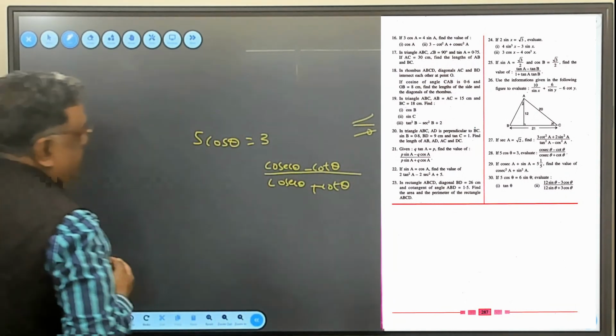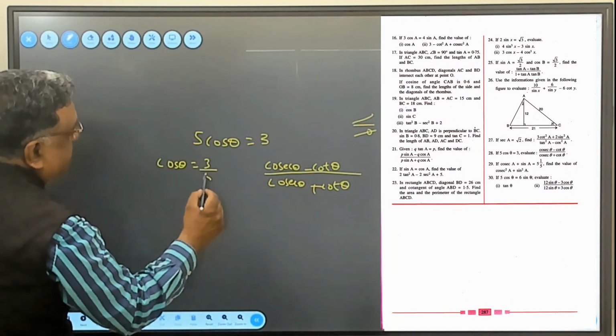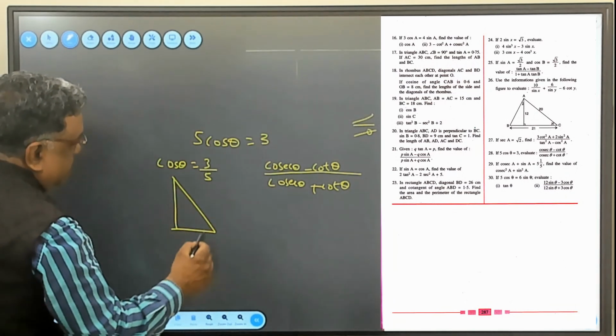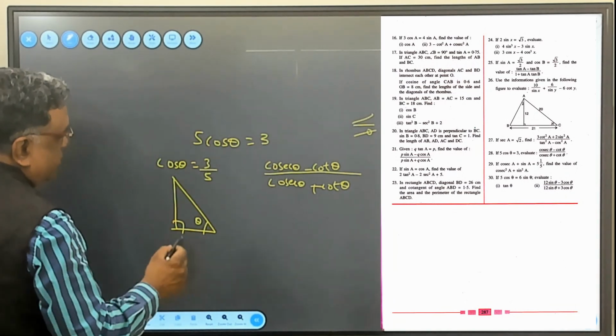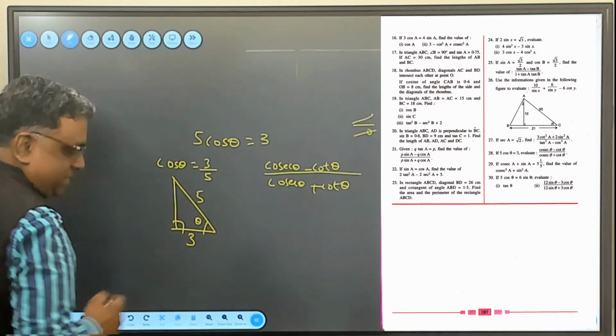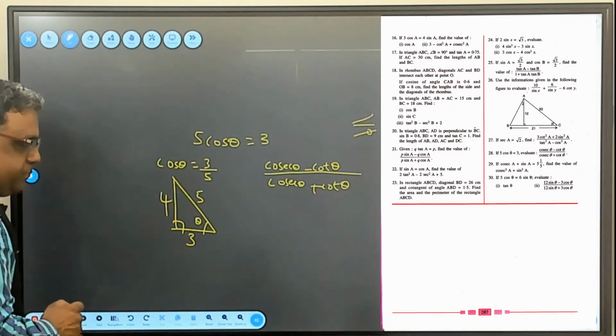So very simple, we have been given cos theta as 3 upon 5, because if I take 5 down, then I'll construct a triangle. Cos theta is what? Adjacent upon hypotenuse, so this becomes 3, this becomes 5. By Pythagoras theorem, this side will become 4.